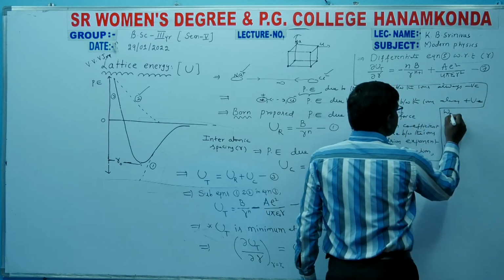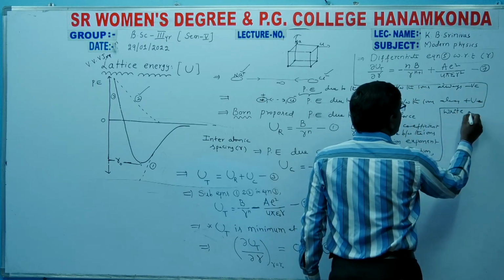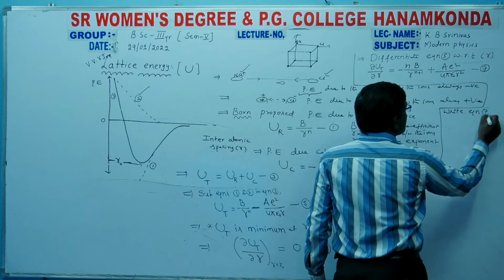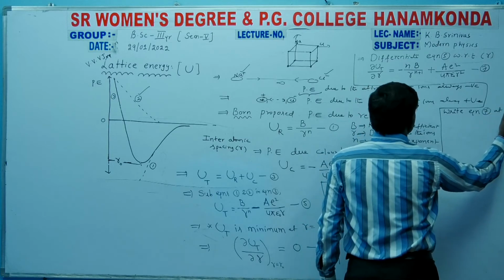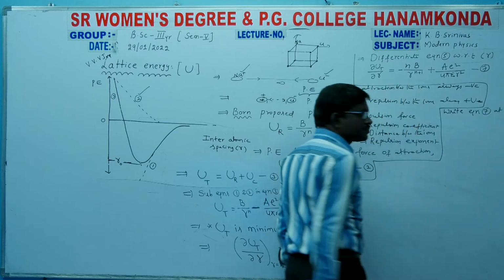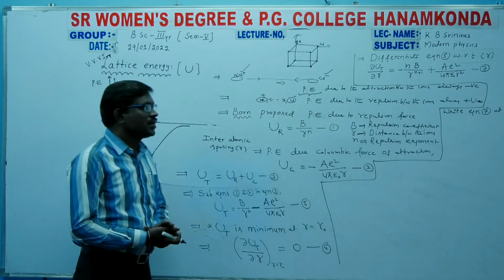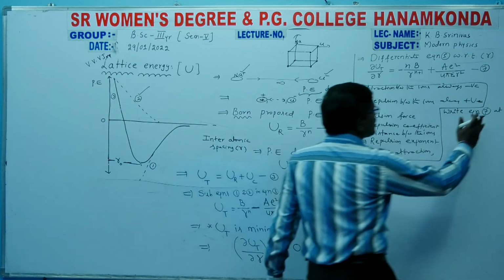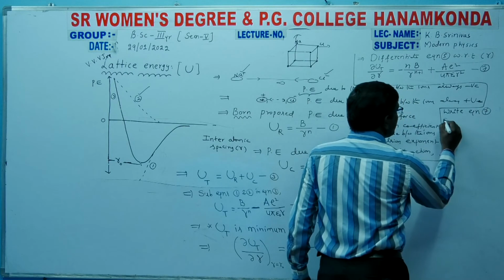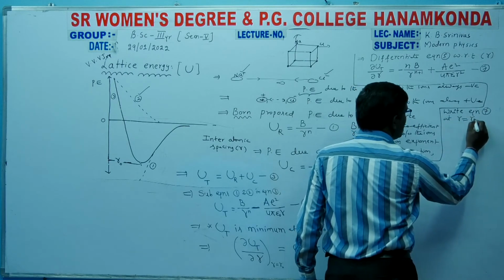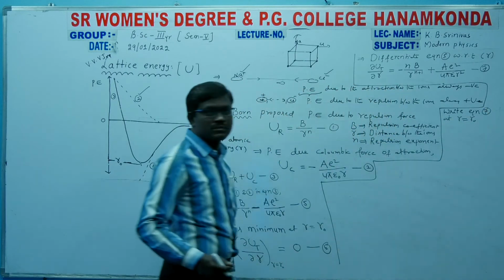Now write equation 7 at r is equal to r naught. Simply I am substituting equation 7 at r is equal to r naught.